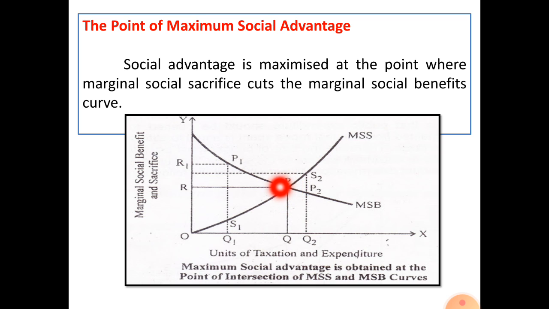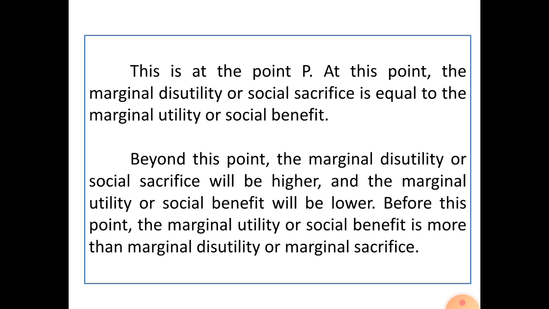This is called the social advantage being maximized at the point where the marginal social sacrifice and marginal social benefit cut, at this point P. Maximum social advantage is obtained at the point of intersection of the MSS and MSB curves. Now the diagram explanation: at the point P, the marginal disutility or social sacrifice is equal to the marginal utility or social benefit, that is MSS and MSB are equal.